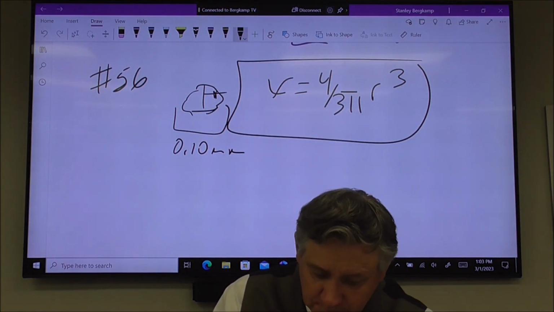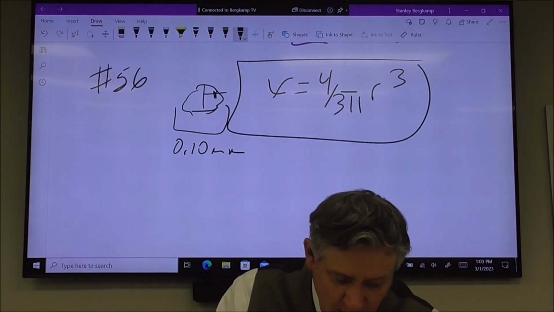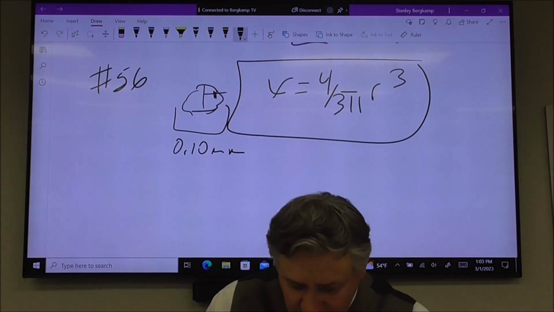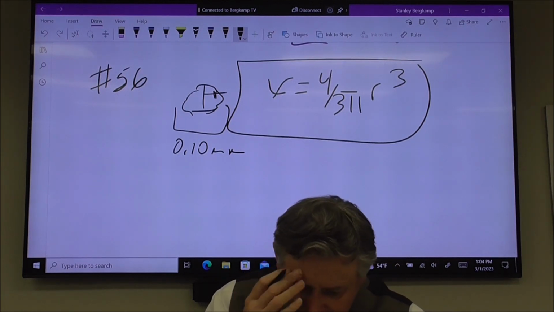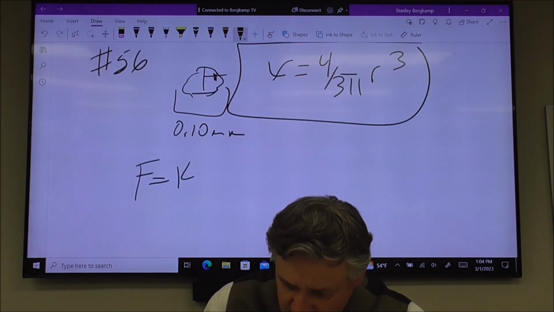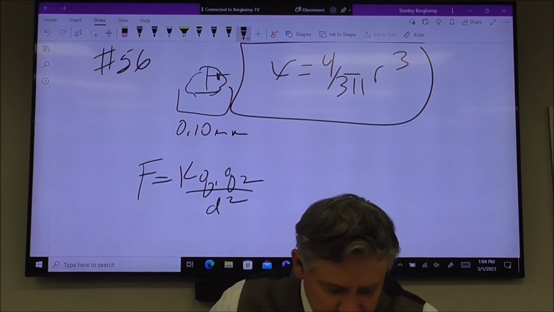Then, to calculate that force, compare this with the weight of an aircraft carrier. Okay, so you've got all the numbers. Here's the story. You're going to go F equals k Q1 Q2 over d squared.